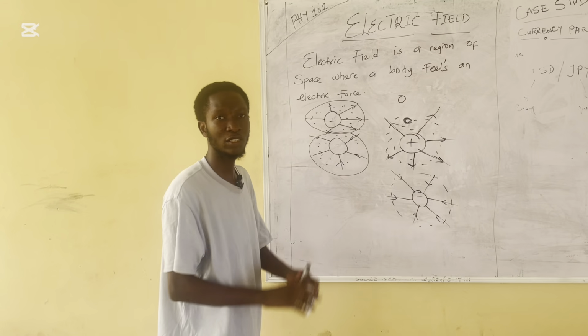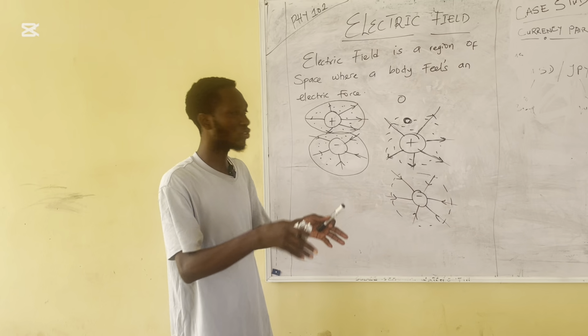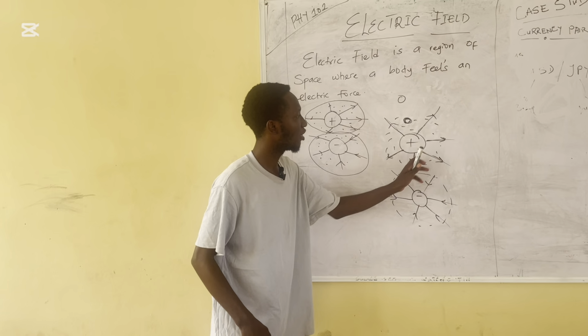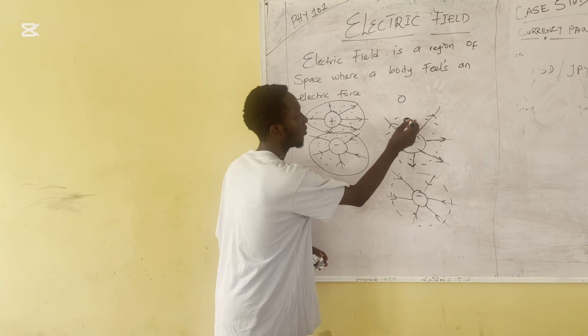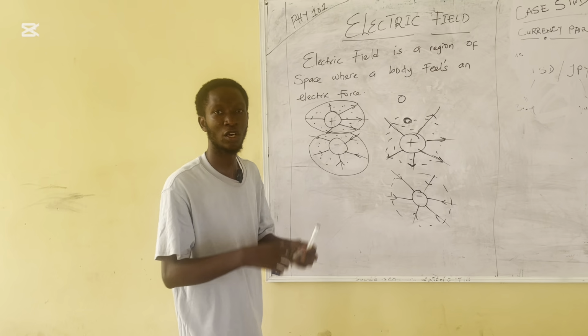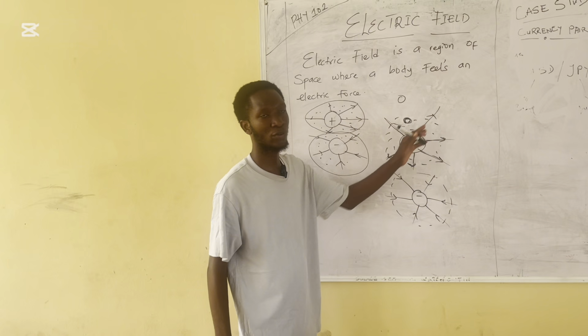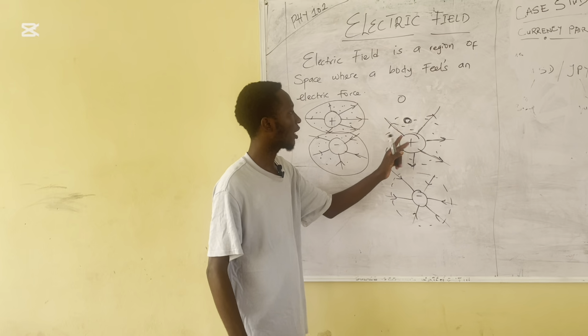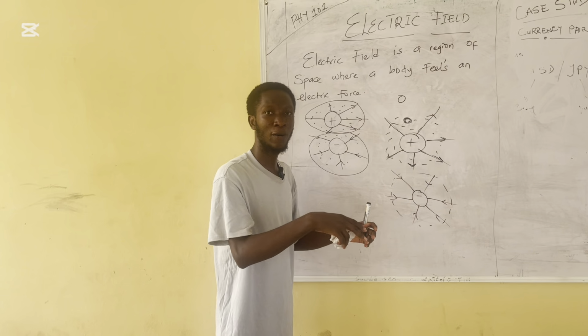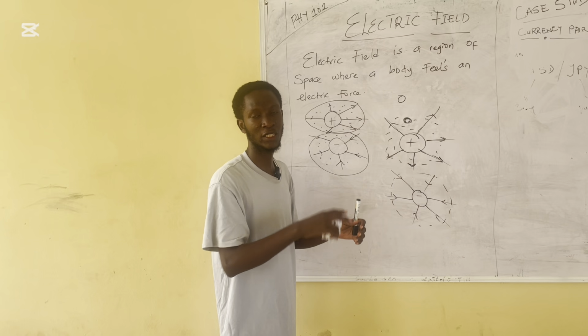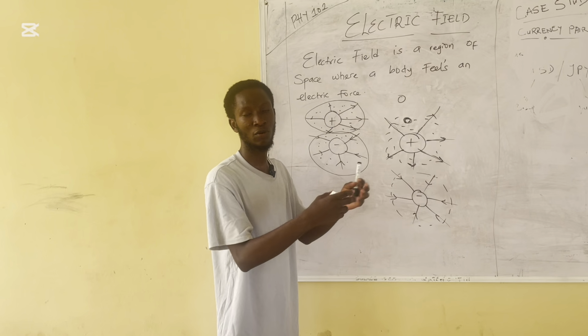So you should just know electric field is a region of space where a body feels an electric force. For positive charge, the line of force is always outward. If you put a body near the positive charge, the body will feel an electric force.